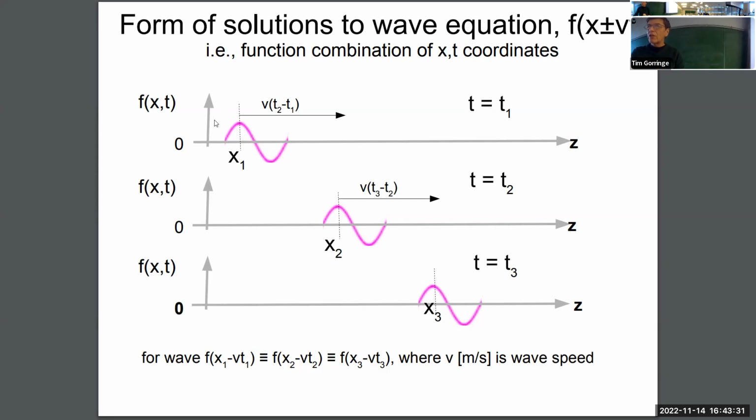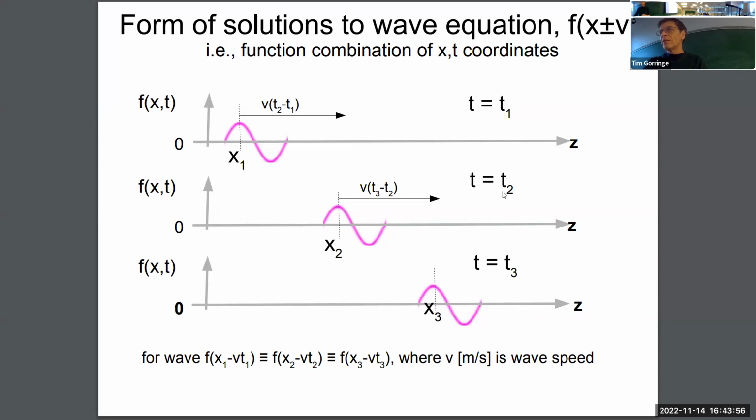And so I try to show that here in these little three cartoons. So horizontally, I'm plotting the position on the string. And vertically, I'm plotting the disturbance, the wave on the string. And I'm plotting that disturbance at three different times.